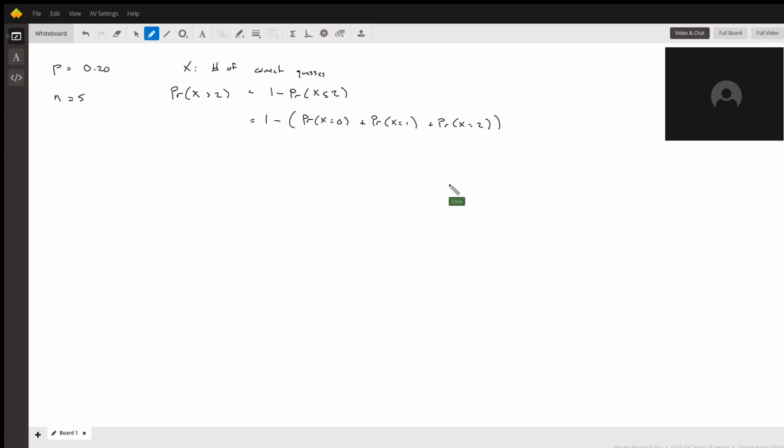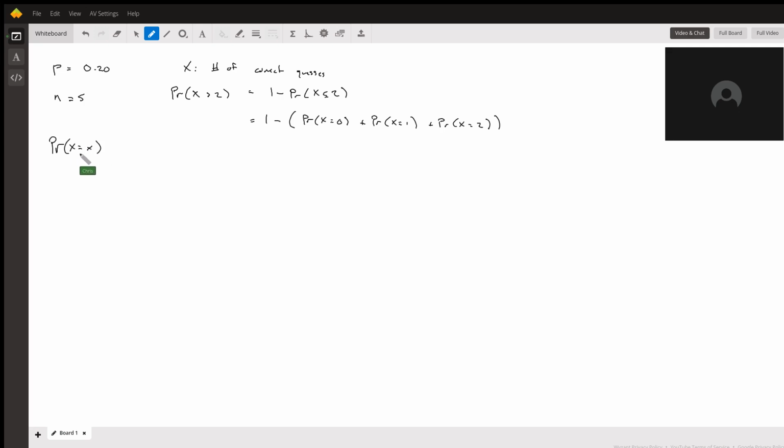Like this, okay? How do we calculate these individual probabilities here? In other words, for a binomial distribution, in general, what is the probability that X is equal to some particular value x? Pardon my chicken scratch here. This is a capital X. This is a lowercase x.